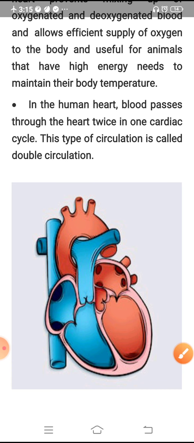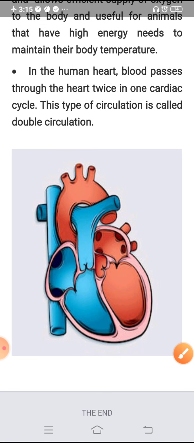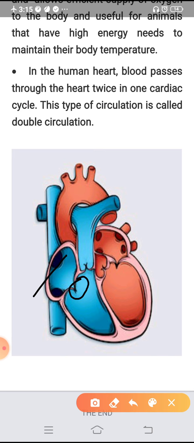The next valve is the tricuspid valve. The tricuspid valve is present here. Very easy to remember, tricuspid valve. It is present between the right atrium and the right ventricle.